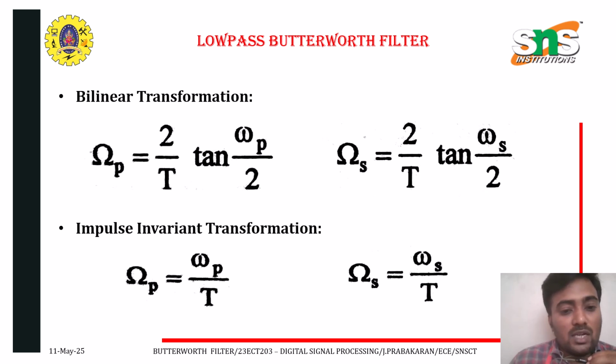Similarly, in the impulse invariance method, the analog passband frequency omega p equals the digital passband frequency omega p divided by T, and the stop band frequency omega s equals the digital frequency omega s divided by T. This is the formula for the impulse invariant method.